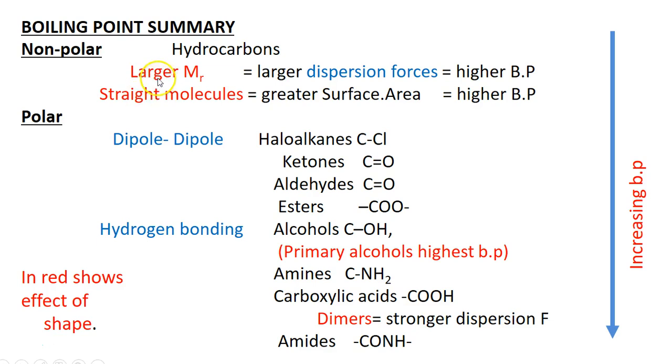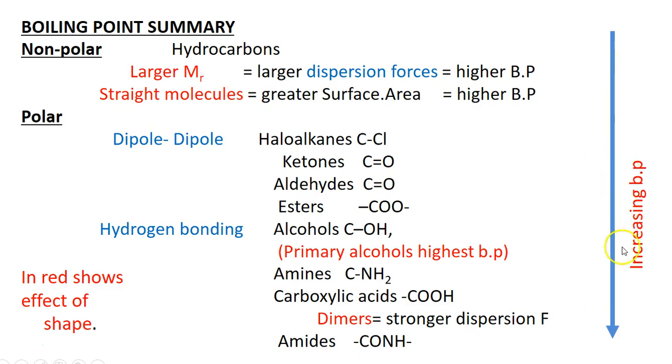If you have a really, really large hydrocarbon, even though the boiling point for a small hydrocarbon is small, the bigger and bigger it gets, and if it's straight, a really, really long, straight hydrocarbon will actually have a higher boiling point than what's down here.